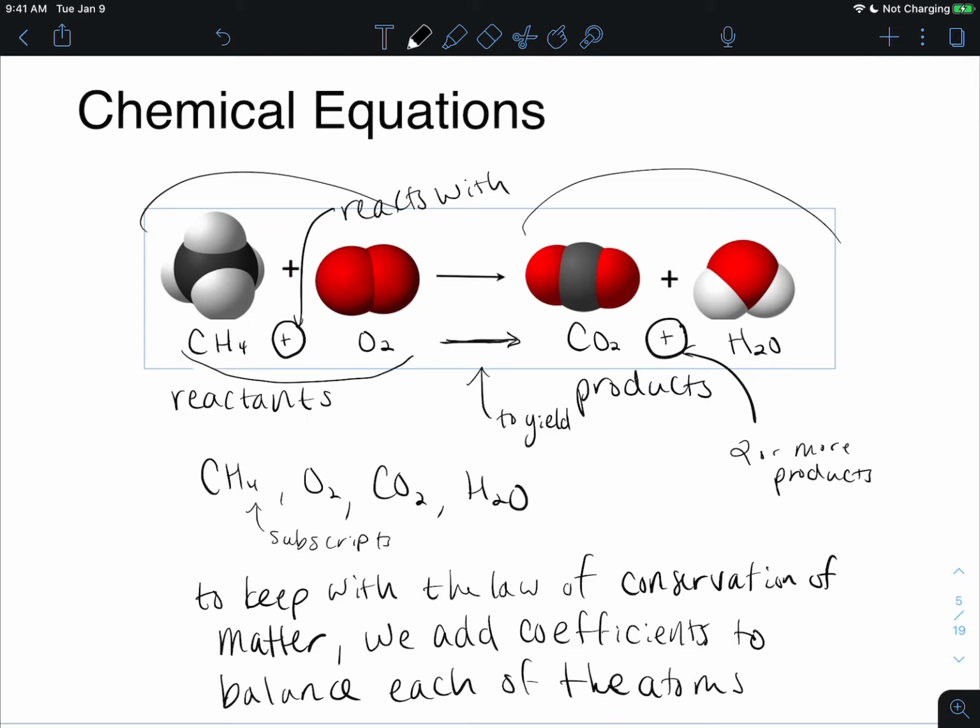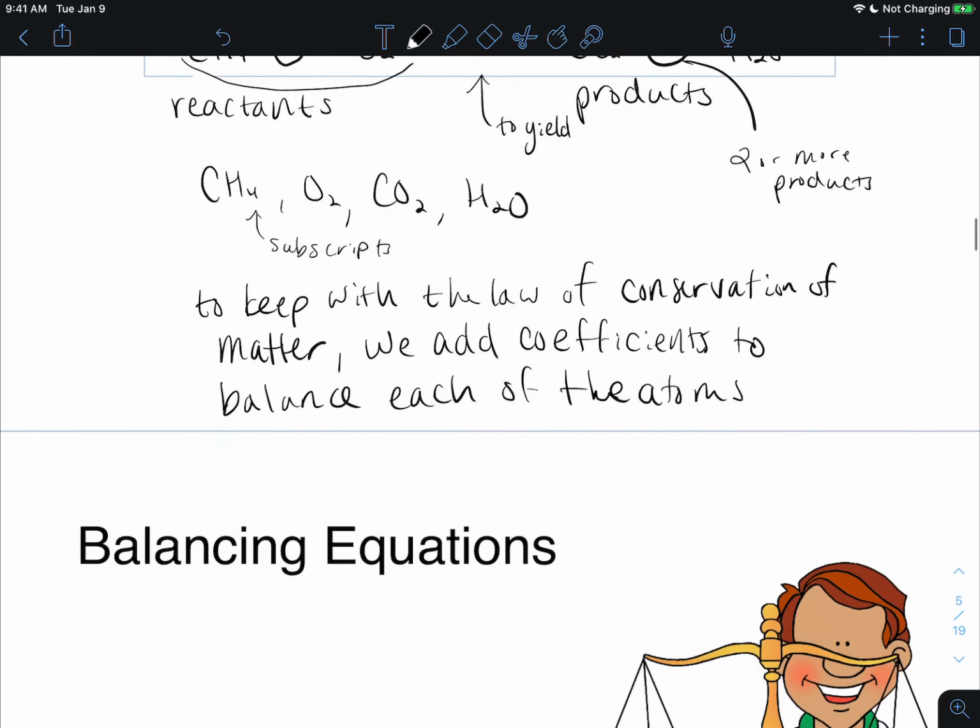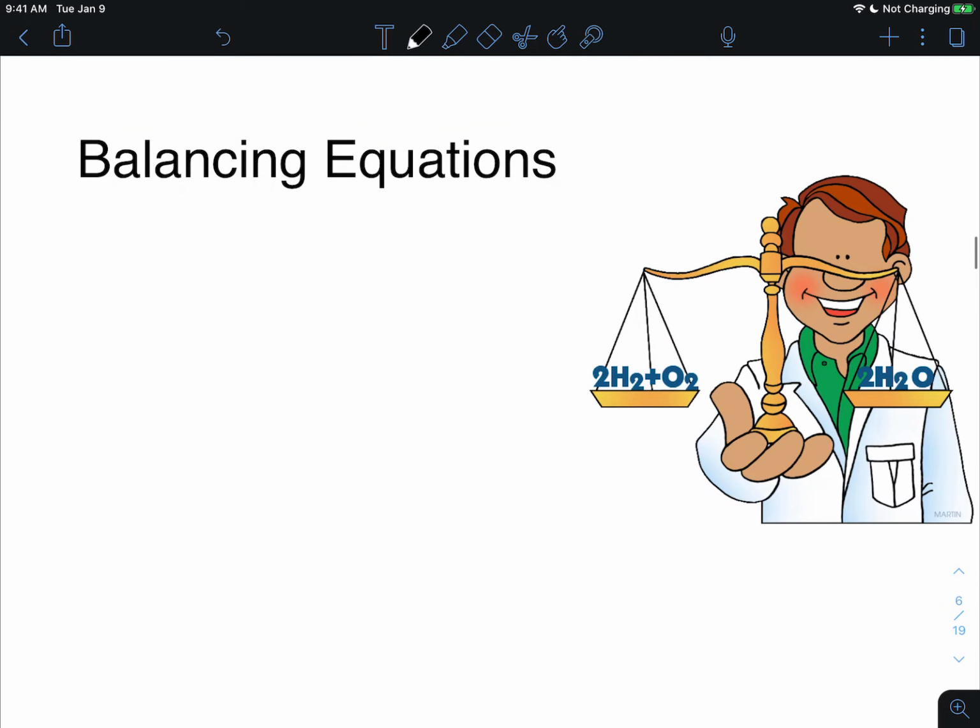So at the end, no atoms are going to be destroyed or created. There's going to be the same number of each atom on both sides of our reaction, our reactant side and our product side. And this is what we call balancing equations.